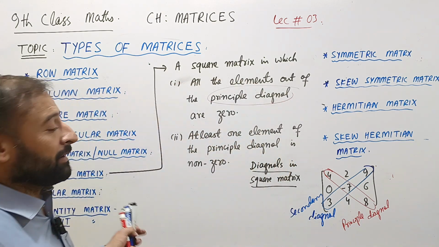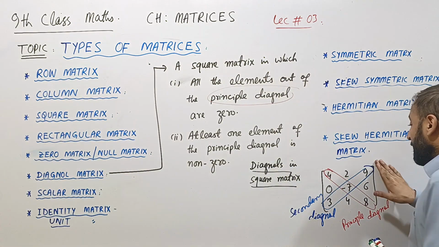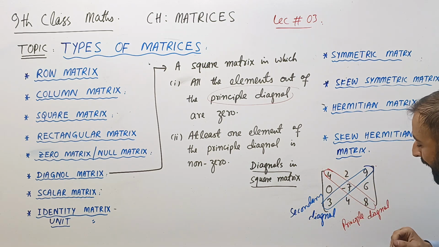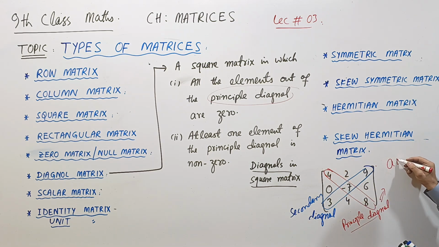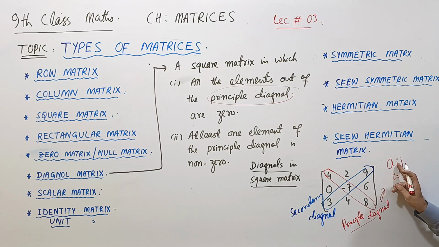Students, how do you define the elements of the principal diagonal mathematically? If you have a diagonal matrix, and the elements of the principal diagonal, I and J will always be equal. Aij, this notation we have used in the previous videos. A means element of the matrix, I row position, J column position.